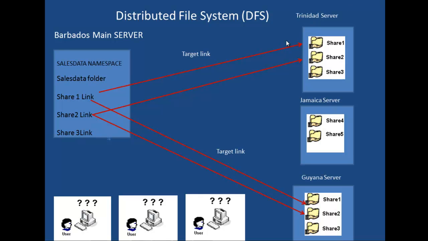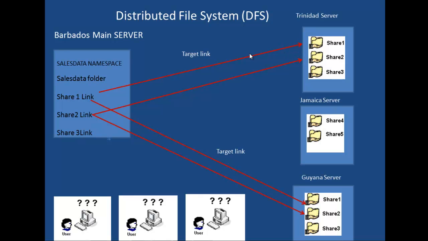So in our scenario, we have the main office in Barbados, and we create on that server a namespace. Within this namespace, we have folders. Within the folders, we have what we call target links, which is a link that links us right to the back end of the servers in the other islands.